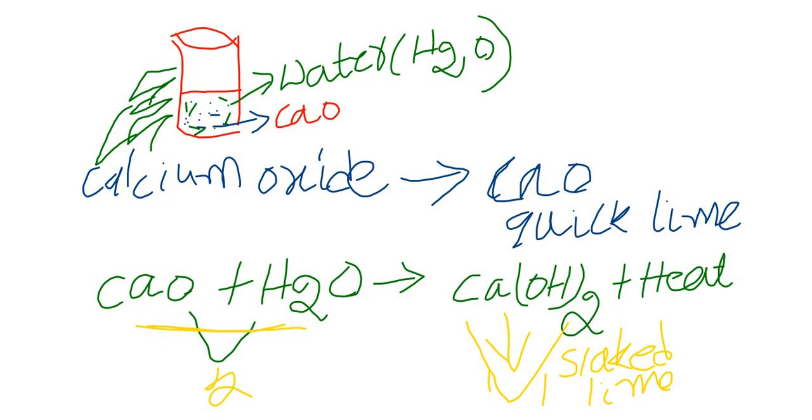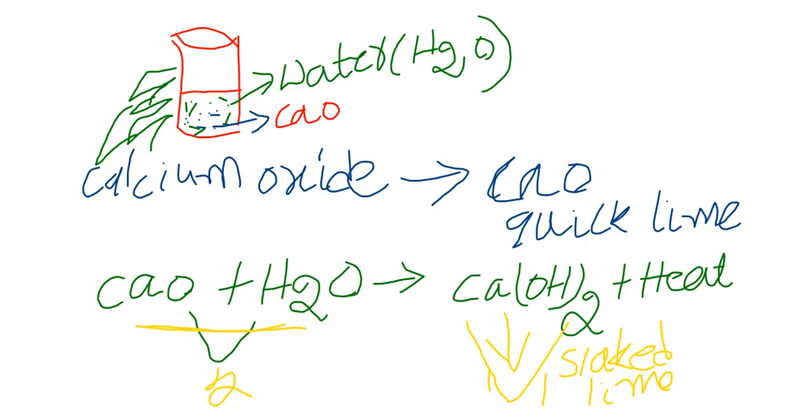Along with this, heat energy is released. We feel this when we touch the walls of the beaker. So here two substances combine and form a single substance. This reaction is called a combination reaction.